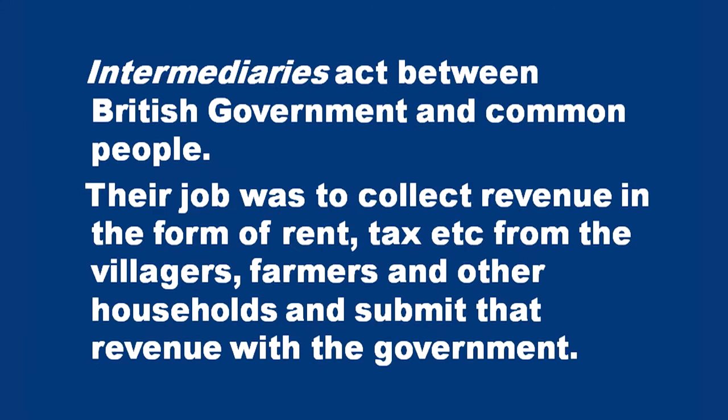These intermediaries act between the British government and the common people. What was their job? Their job was to collect revenue in the form of rent, tax, etc. from the villagers, farmers and other households and submit that revenue with the government.